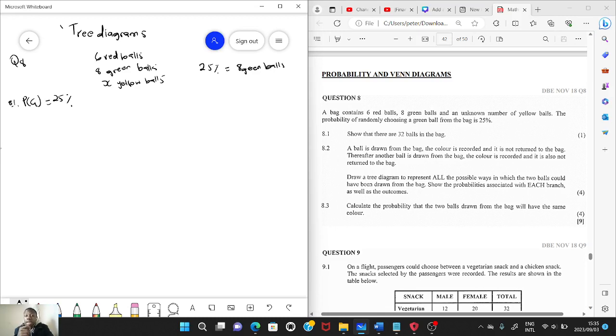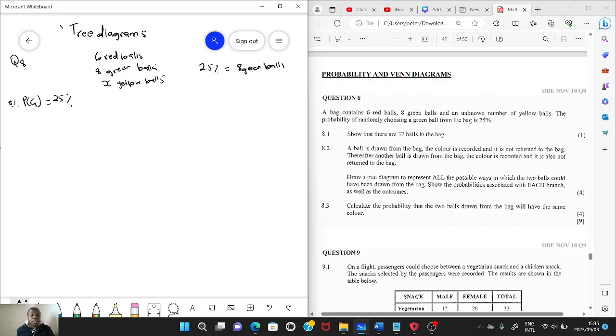So I said, let the unknown number of yellow balls be x. And I still have another unknown, which is the total number of balls. I'll let the total number of balls be y. These are variables; you can use any letter you want.